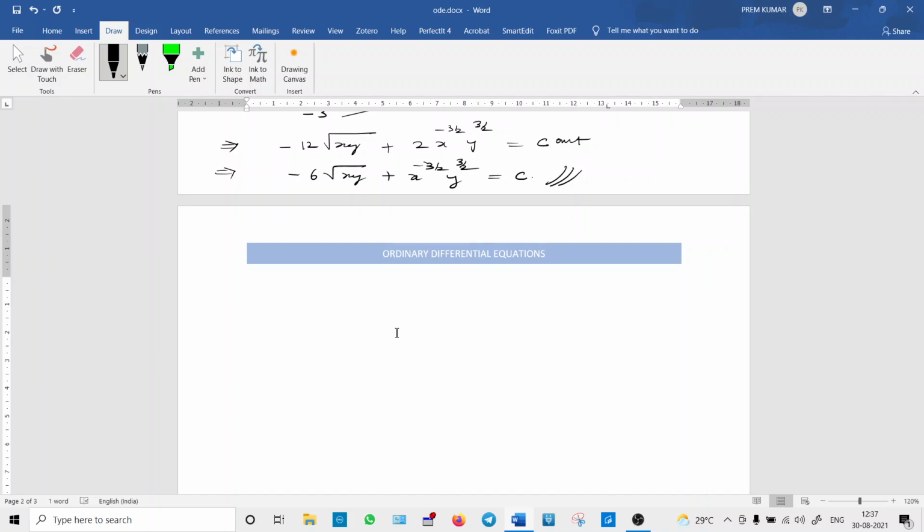Now we will go to the next problem. Problem number 3. Solve (y square e power of x plus 2xy) dx minus x square dy equals 0.